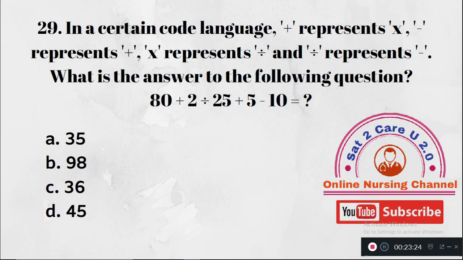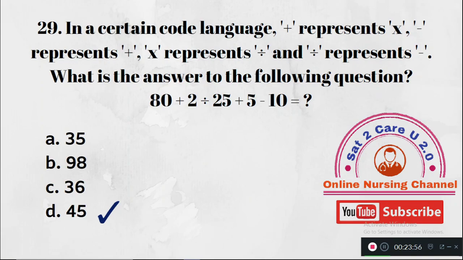Plus represents x, so 80 into 2. Division represents minus. When you put it like this, what number do you get? A is 35, B is 98, C is 36, D is 45. When you do it like that, you get 45 as the expected answer.